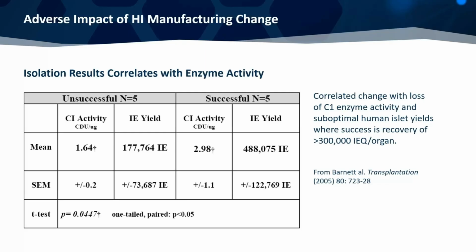He used the FITC gelatin substrate and measured the fluorescence. Unsuccessful isolations had a lower gelatinase activity than the successful isolations. And you can see the difference, where the cutoff of a successful isolation was greater than 300,000 islet equivalents per organ. Of course, this was a significant difference.